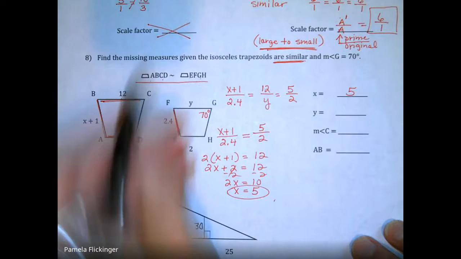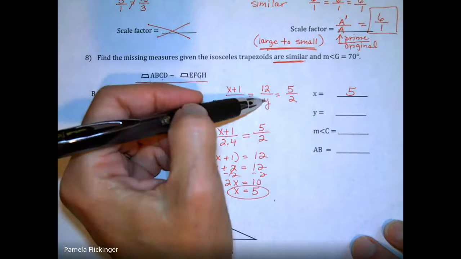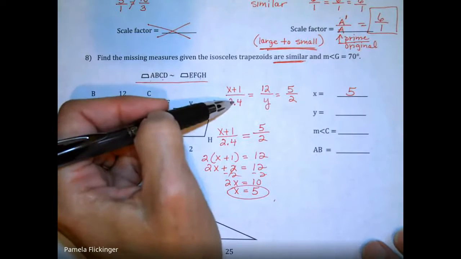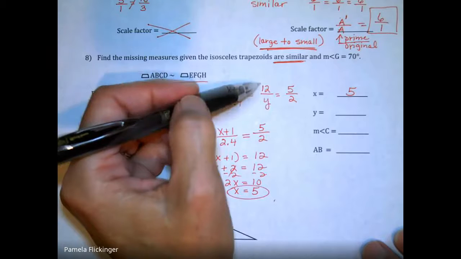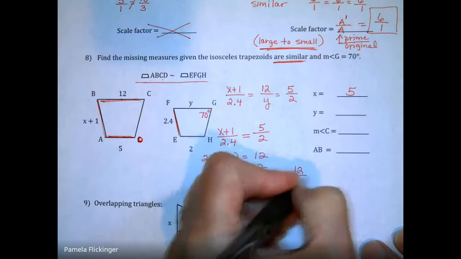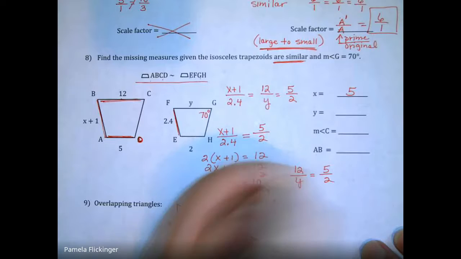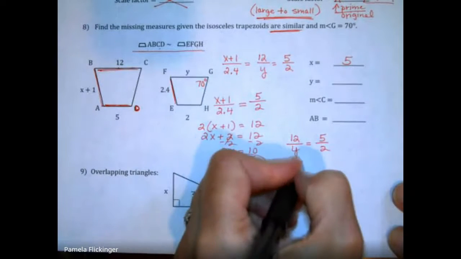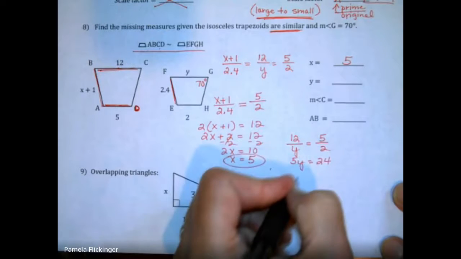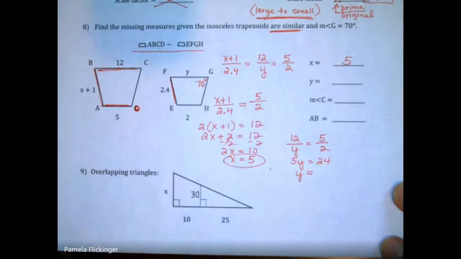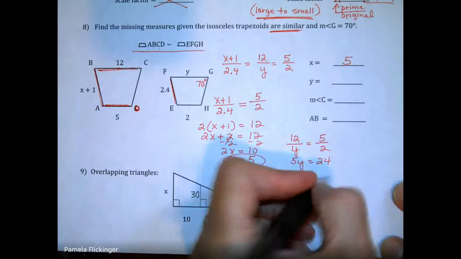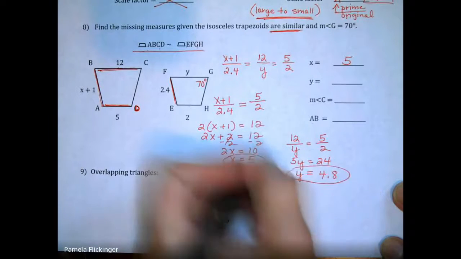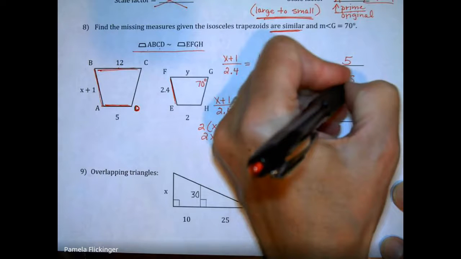To solve for y, I can't use the ratio that has the x in it. So I'm just going to do these 2, recopy it down here. When I cross multiply, we get 5y equals 24. Now, when I divide that out, I am going to use a decimal because decimals were used in the original. So I get 4.8.